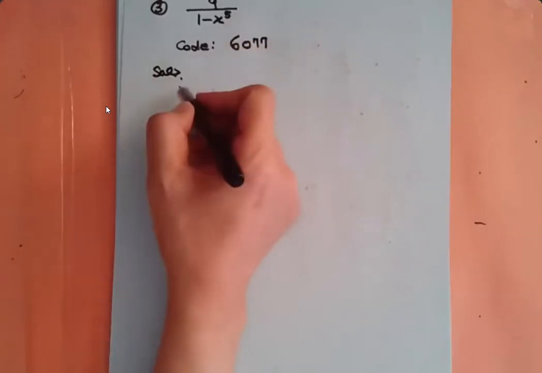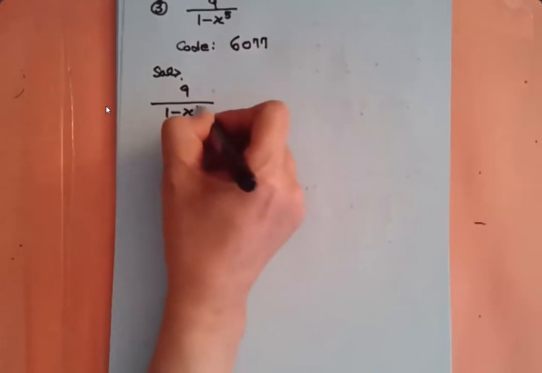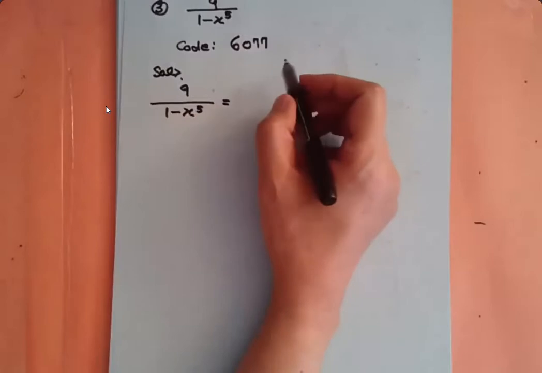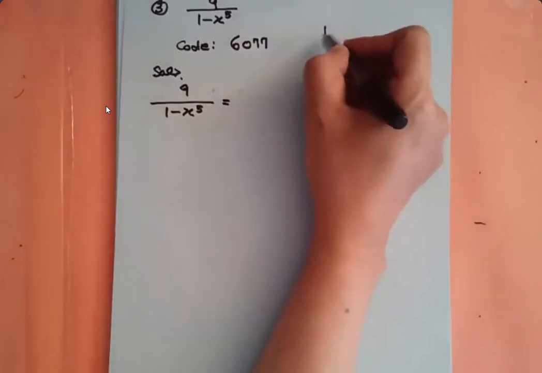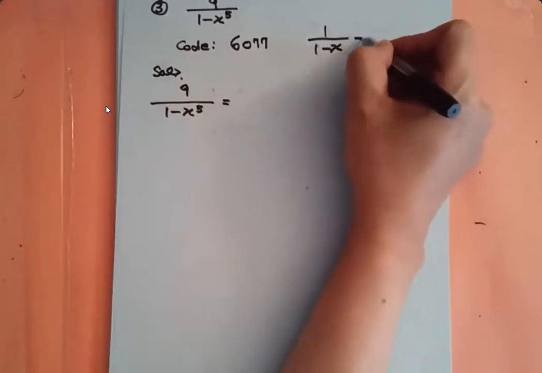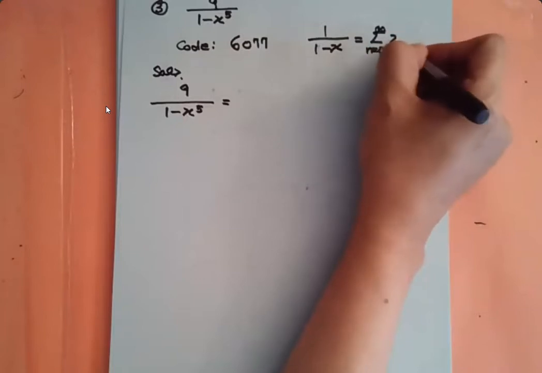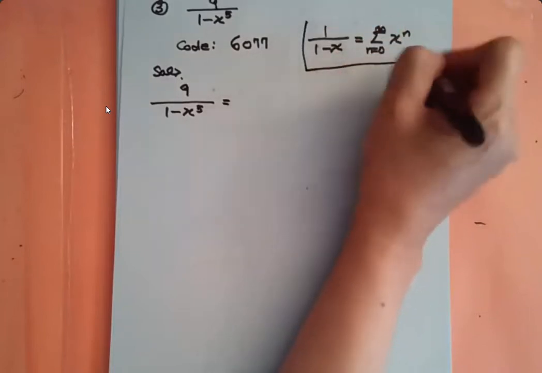If you think about the power series expansion, 1 over 1 minus x is the summation n equals 0 to infinity, x to the n power.